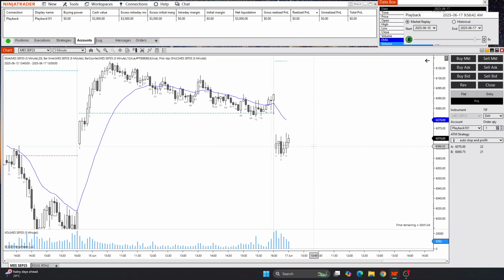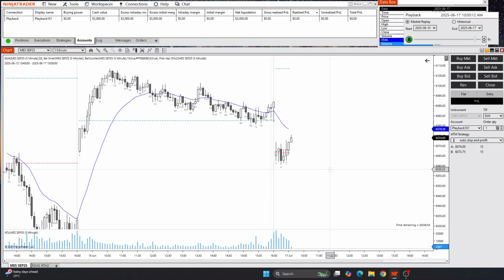We might get a breakout bar, and then I would wait for the breakout to fail, and then get on the short side. These red dotted lines are basically the open of yesterday's, low of yesterday, and this green dotted are high of yesterday.